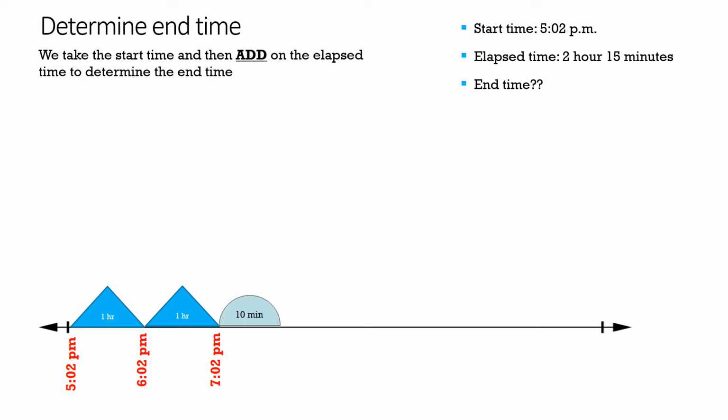If we go 10 more minutes, 7:02 plus 10 would be 7:12, and then 5 more minutes, it would be 7:17. So whatever activity you started at 5:02, if it went for 2 hours and 15 minutes, you would end at 7:17 p.m.